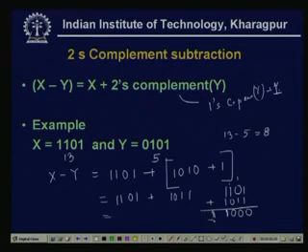Now, if we discard this overflow bit, then it will be 1000, whose decimal equivalent is 8, which satisfies our normal result. So, instead of doing the subtraction, actually we have done the addition. The simple addition circuit can easily be used for this, provided that the 2's complement of that number is available.